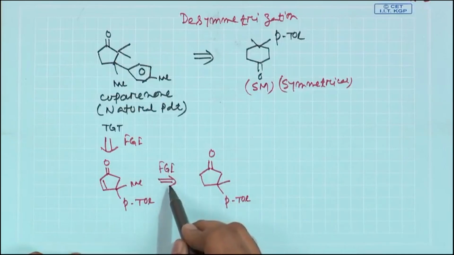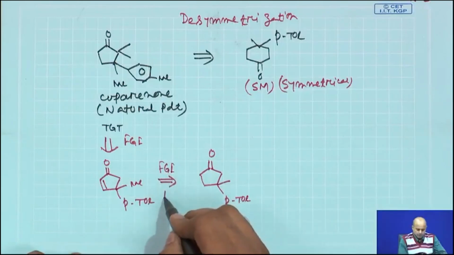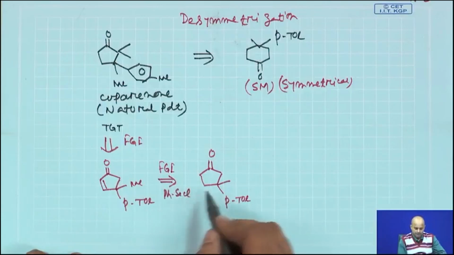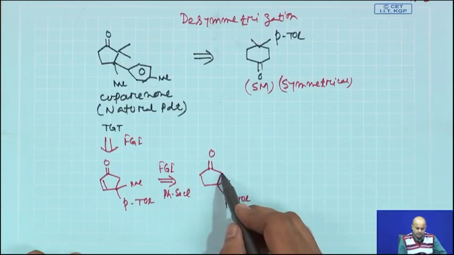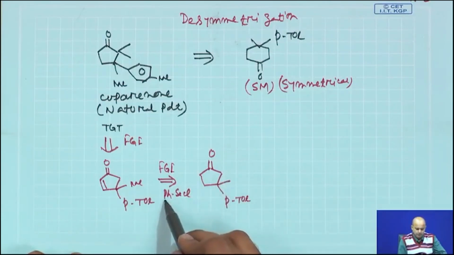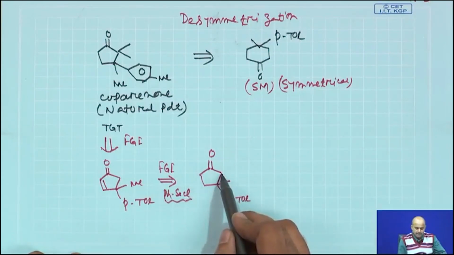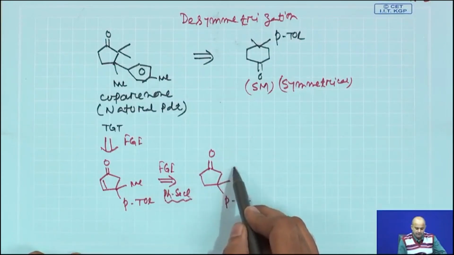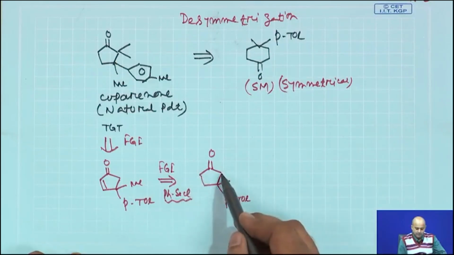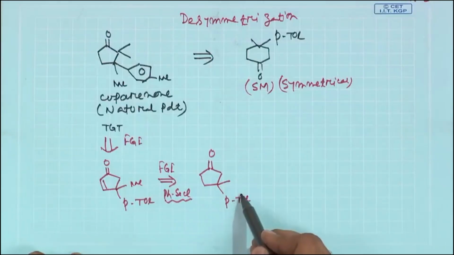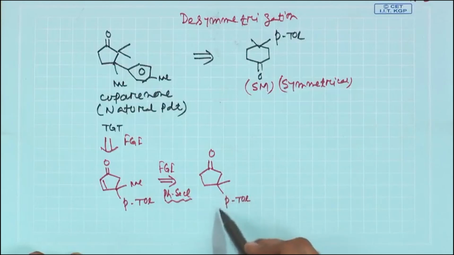If you do selenium based chemistry, you can introduce PhSeCl as an electrophilic reagent. Now, the point is, if your starting material is this, phenyl selenium chloride is quite a bulky group. We expect that once LDA picks up the hydrogen, it can pick either this hydrogen or this hydrogen, but picking up this hydrogen is definitely not favorable, as you have a sterically bulky group at this site, methyl as well as paratolyl, which is a huge bulky group.